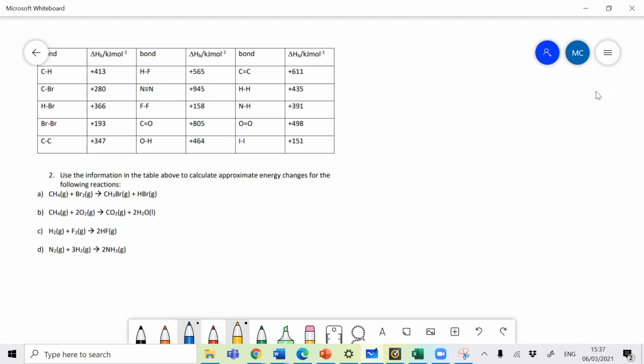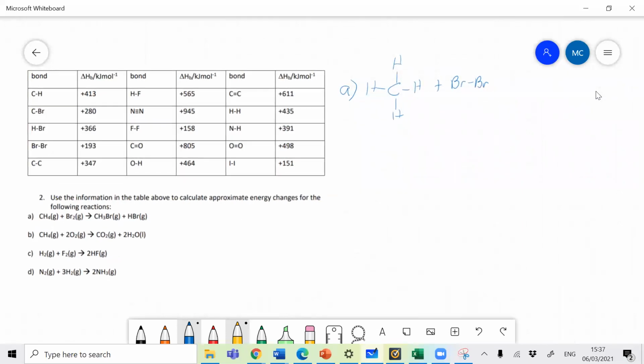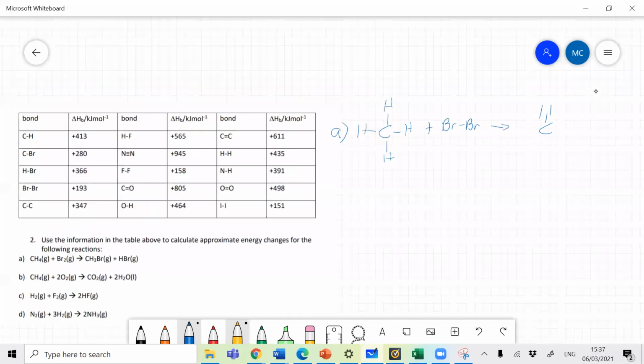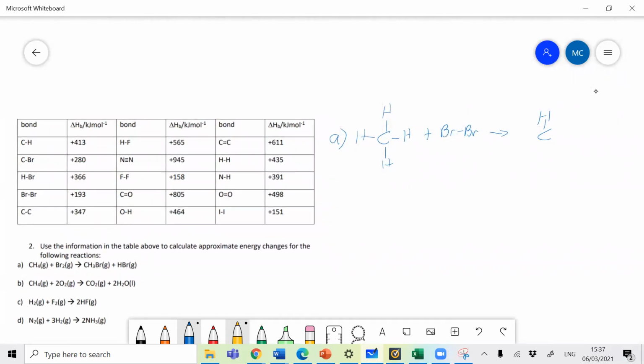So CH4 plus Br2 to give CH3Br plus HBr. So here you have CH4, and CH4 is methane, plus Br2 to give bromomethane plus HBr.